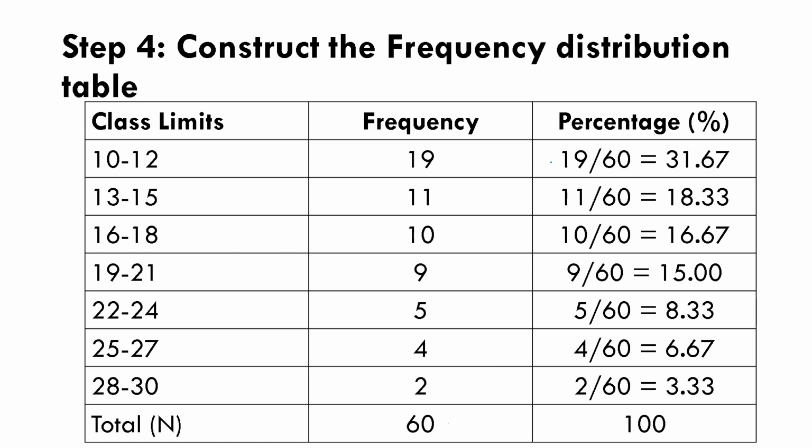So we have 19 divided by 60, that's approximately equal to 31.67. 11 divided by 60 is 18.33. 10 divided by 60 is 16.67. 9 divided by 60 is 15. 5 divided by 60 is 8.33. 4 divided by 60 is 6.67. And 2 divided by 60 is 3.33.